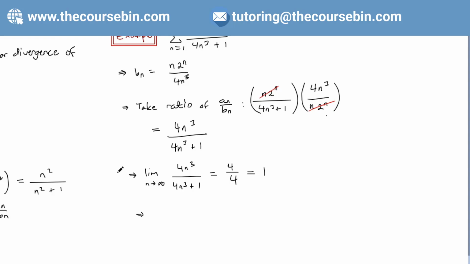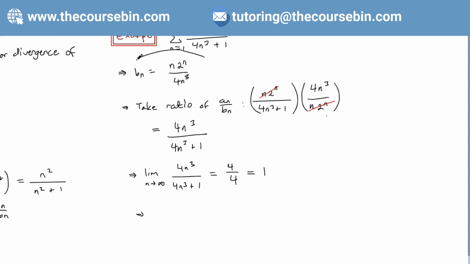So, to explain everything: since b_n converges, then our a_n also converges. So our b_n being n times 2 to the power n divided by 4n cubed, and our a_n being n times 2 to the power n divided by 4n cubed plus 1.